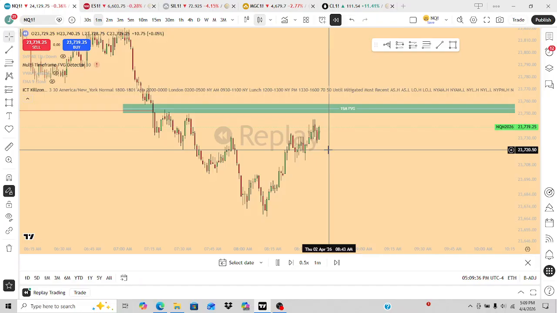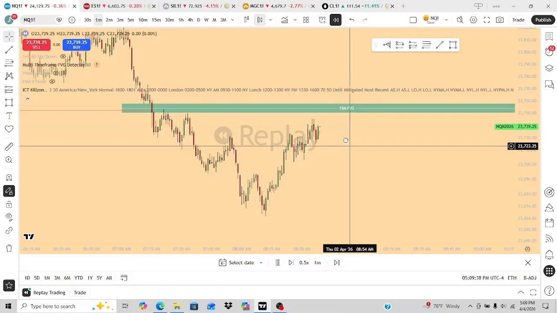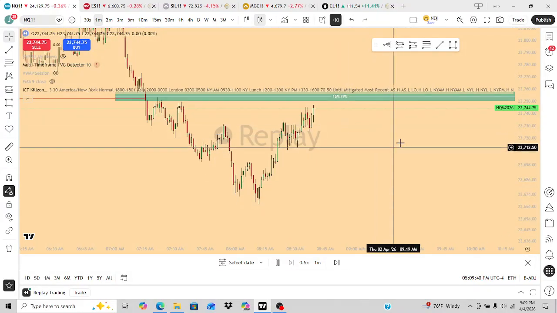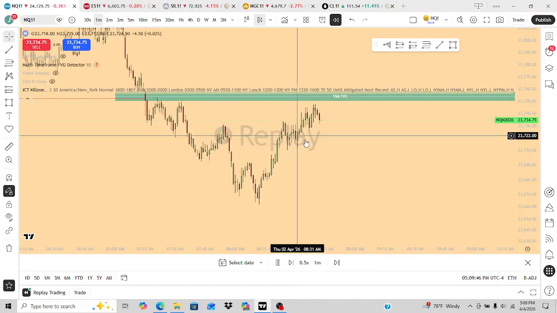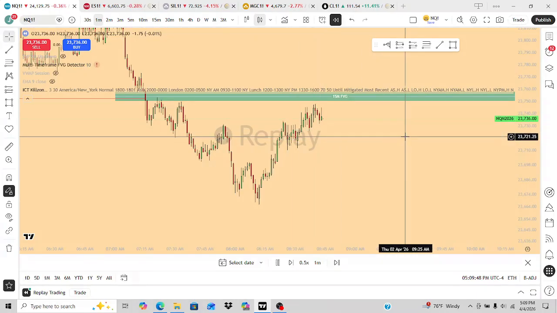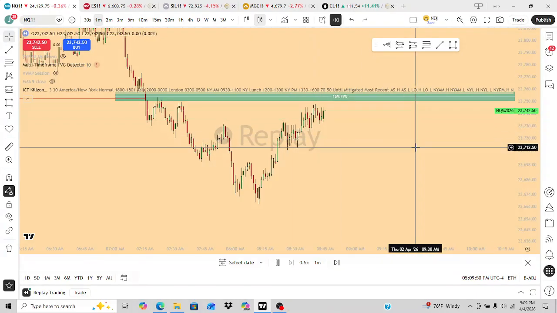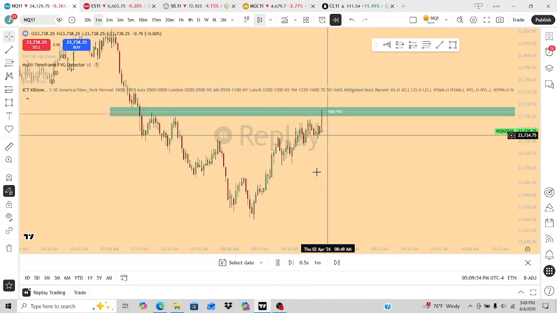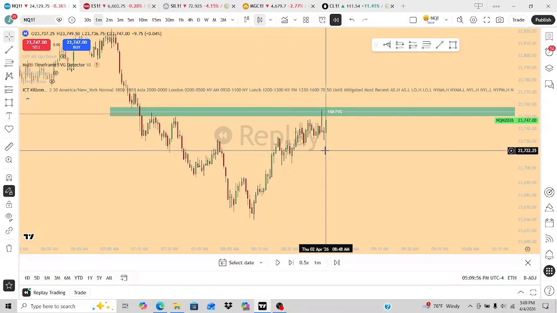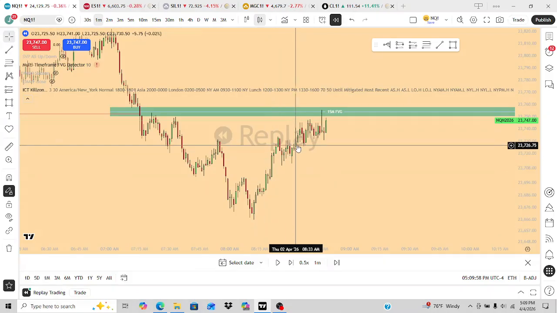So I'm pretty sure I'm just waiting for it to come up and hit into this 15-minute fair value gap, and then look for an inverse fair value gap, and then gonna go ahead and enter off of that. And right now, price is showing me that it's weak. It's really weak trying to get up here. Like, it's slowly climbing up there, and these candles aren't big candles at all.